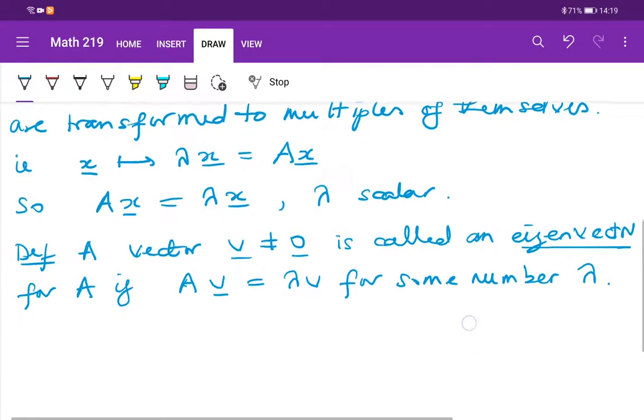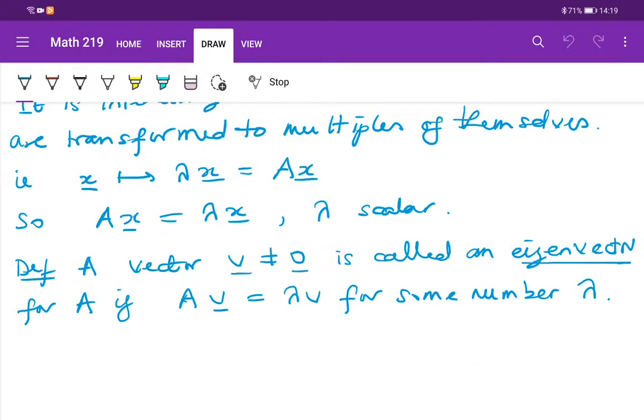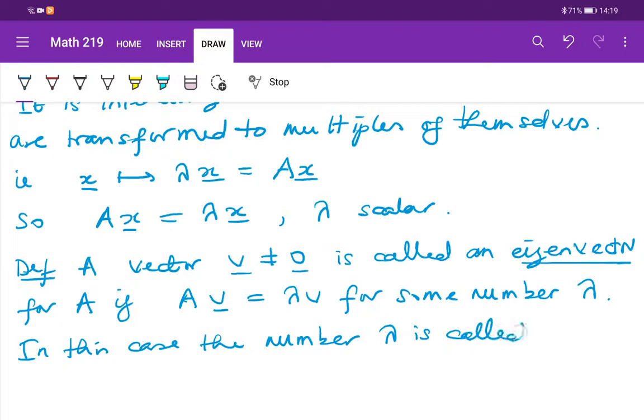Okay, and in this case, the number lambda is called an eigenvalue associated to the eigenvector V, or rather, I should say the eigenvalue.